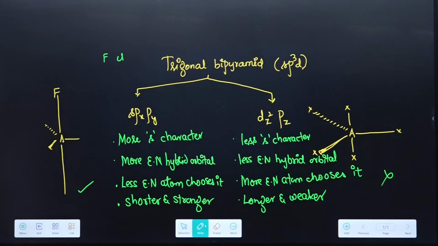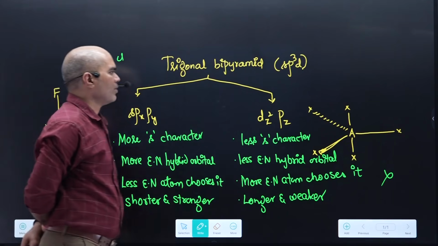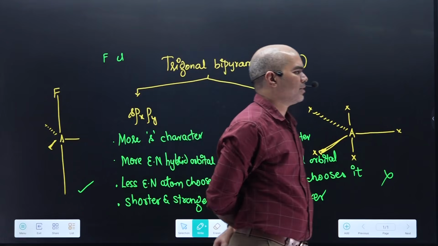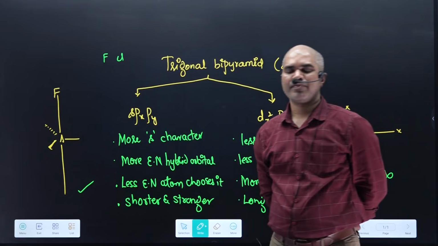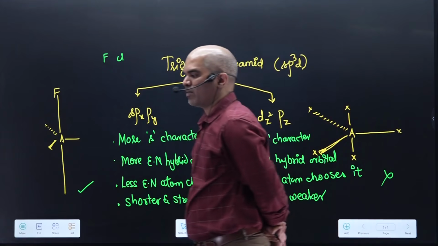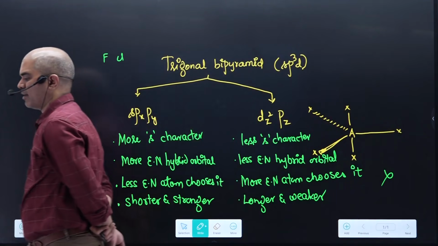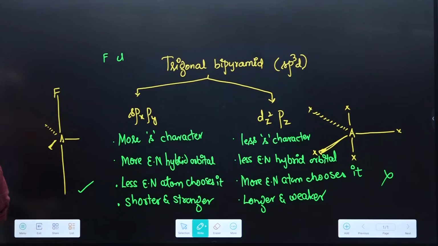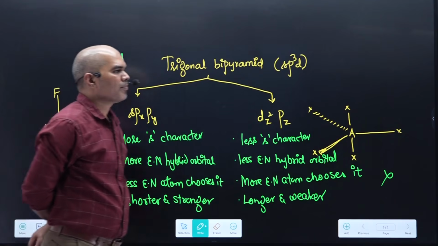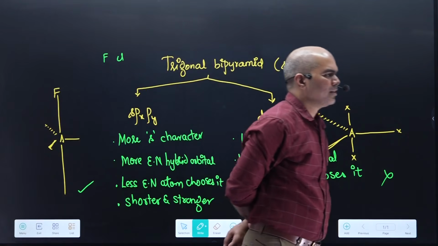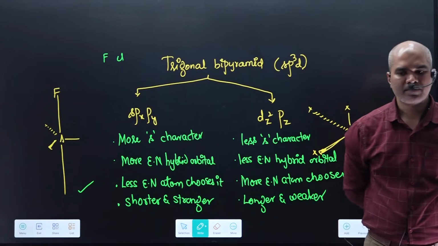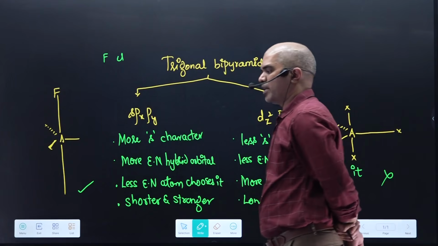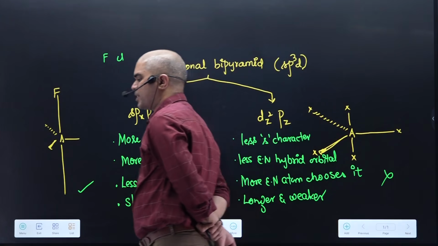TBP is generally drawn as an elongated structure, while PBP, pentagonal bipyramidal, is drawn as a compressed structure.